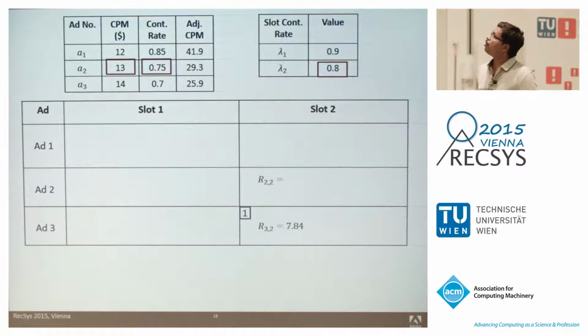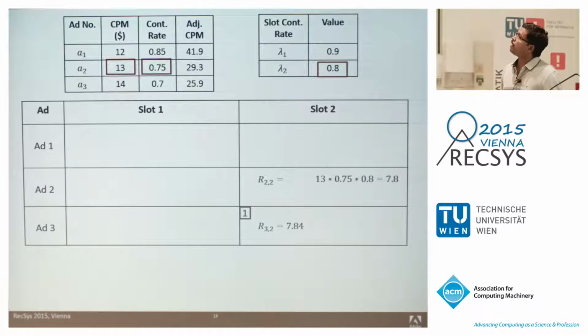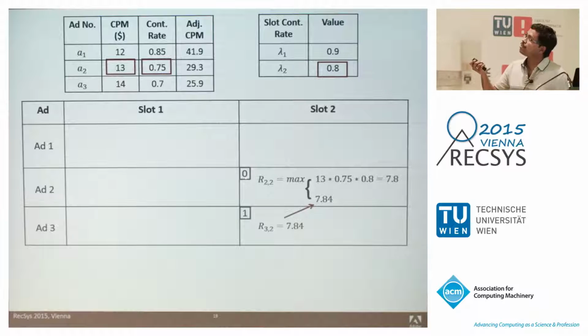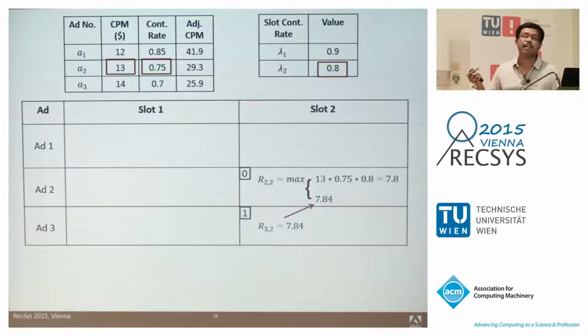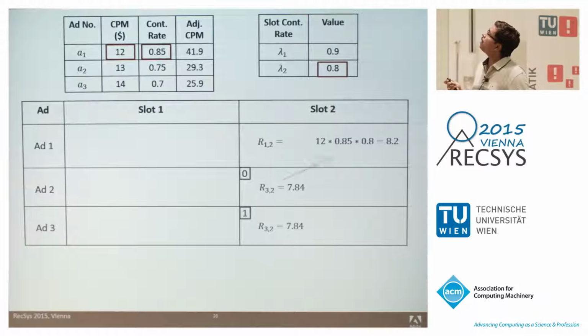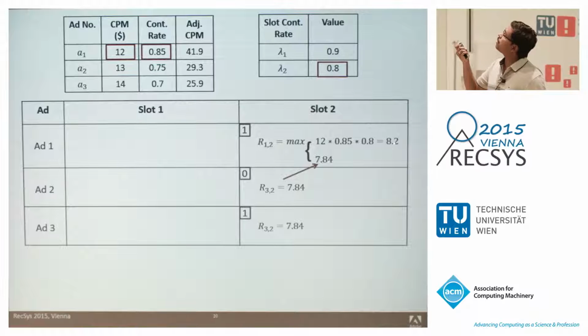Similarly, you go for ad 2, and you can see you generate 7.8, but you are generating more over here. So you do not select ad 2 for slot 2, and you assign the value 0, saying that it is not viable for selection. With similar logic, you move ahead and assign the value 1, because this is generating more value than what you accrued at the level of the 2nd ad.